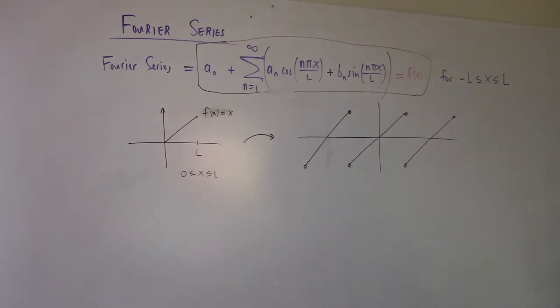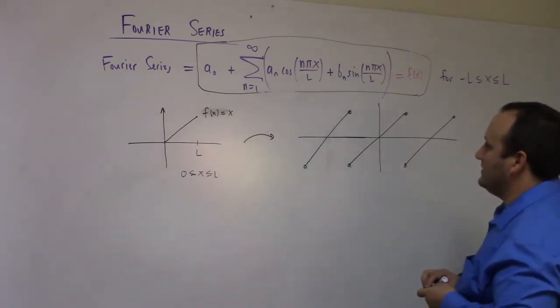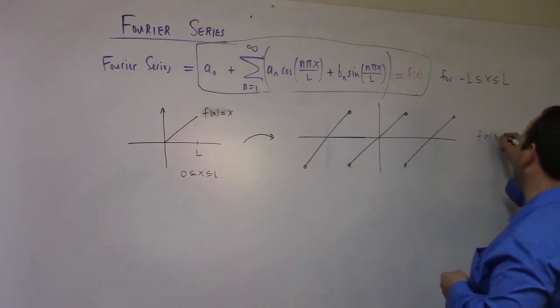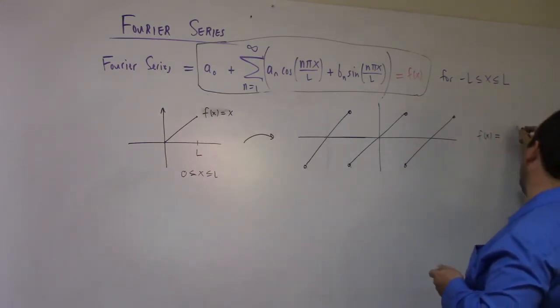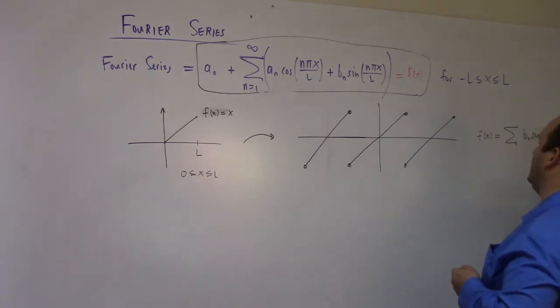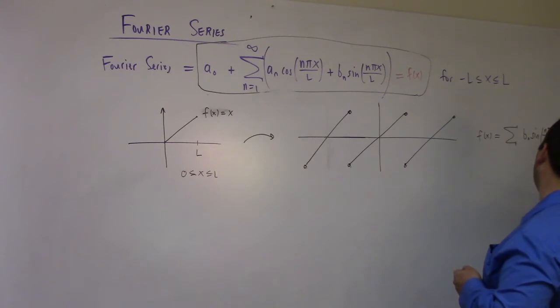Basically the odd extension of that is just itself, so it's kind of hinky. But that so-called odd extension is going to just be something like f of x equals the sum of b_n sine of n pi x over L, right?